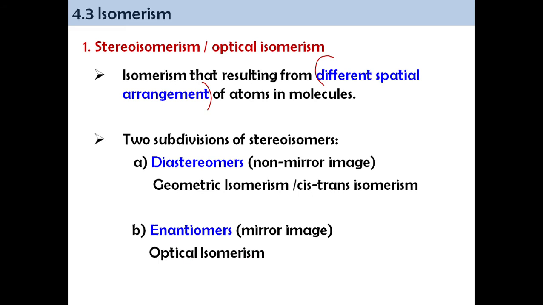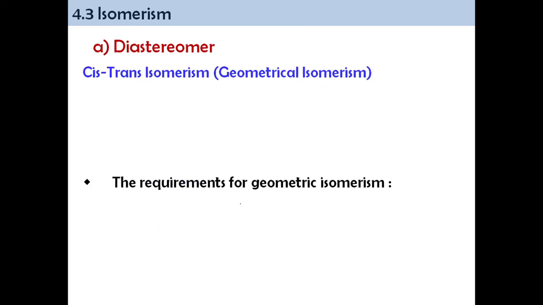Okay, so enantiomer, mirror image, optical isomer adalah benda yang sama. Okay, for this one, kita biasanya akan guna geometrical isomer or cis-trans isomerism. Okay, jadi kita nak go through these two types of isomer in this part 2. So, kita pergi diastereomer dulu.